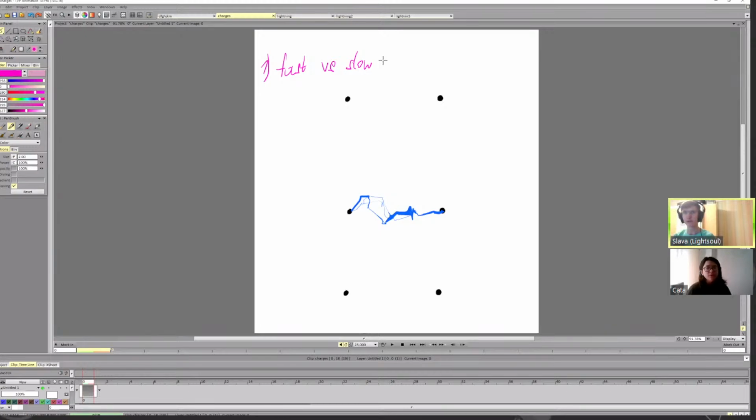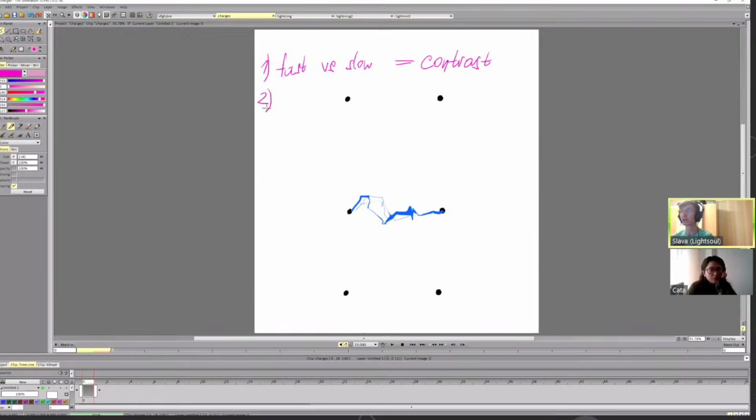So you can have a very fast change in shape or in motion, and then you can have really slow, really gradual changes. And this helps us build contrast. So this gives us contrast in terms of form. It will give us contrast in terms of speed, and it will help keep our animation interesting.